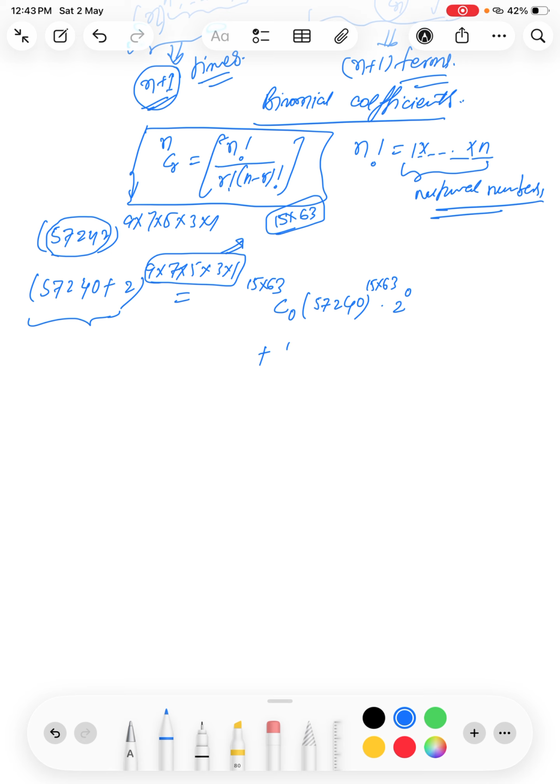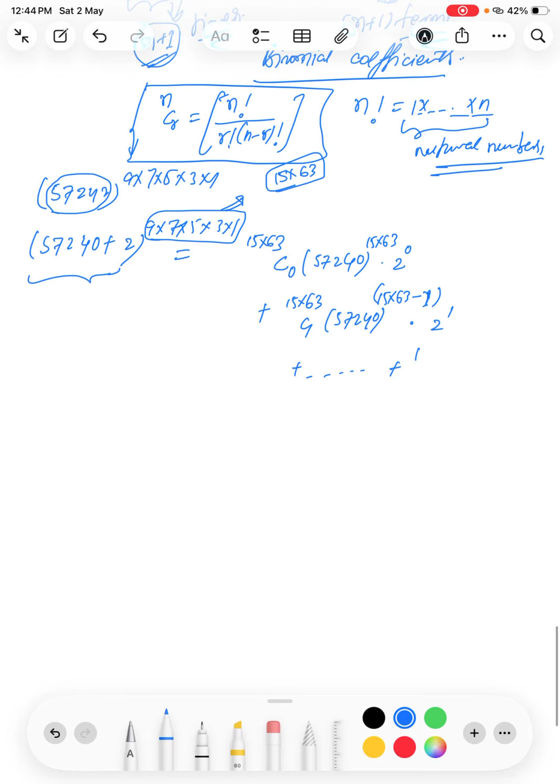The next term is 15 into 63 C1, 57240 to the power 15 into 63 minus 1, into 2 to the power 1. The last term would look like 15 into 63 C 15 into 63, 57240 to the power 0 into 2 to the power 15 into 63.